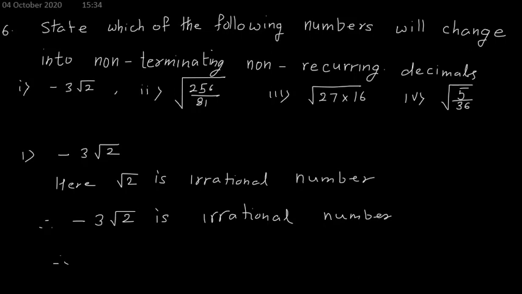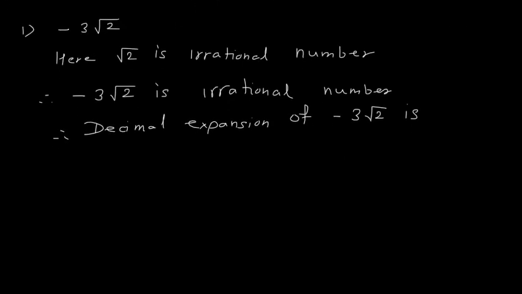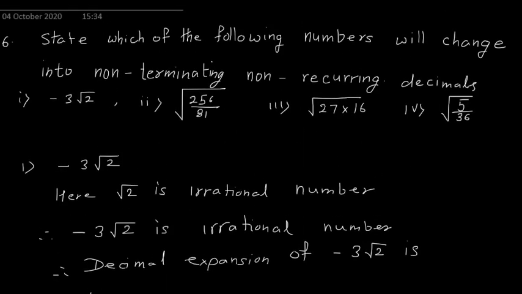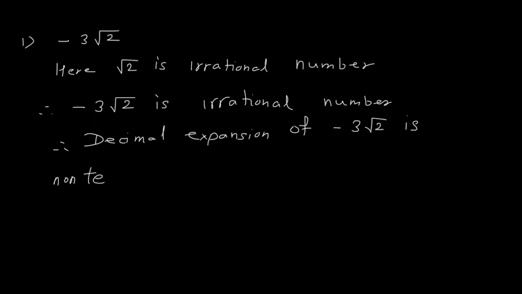So, therefore, the decimal expansion of minus 3 root 2 is non-terminating, non-recurring decimal.